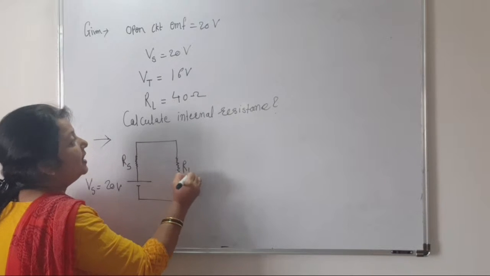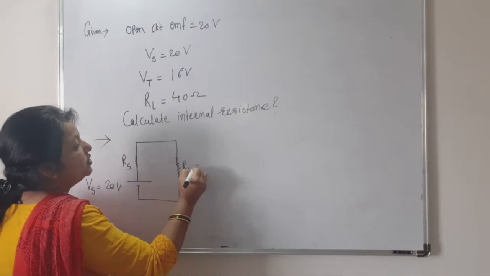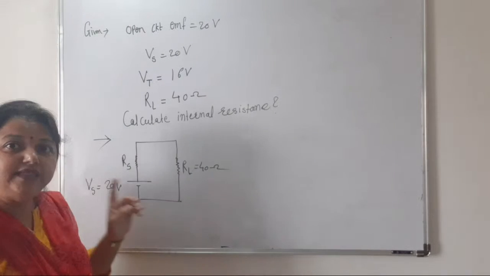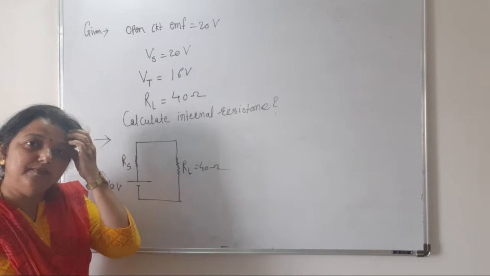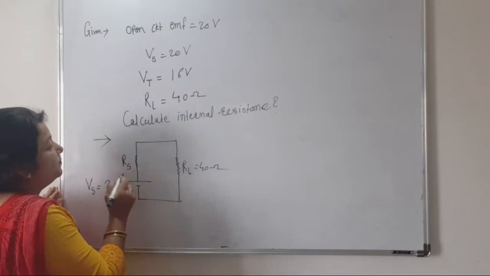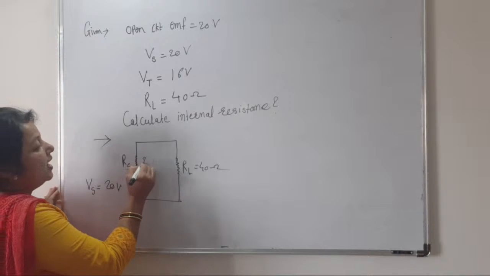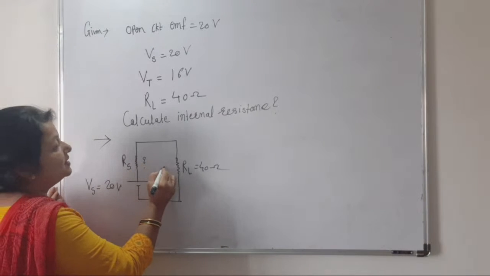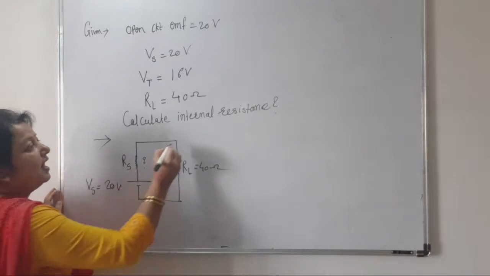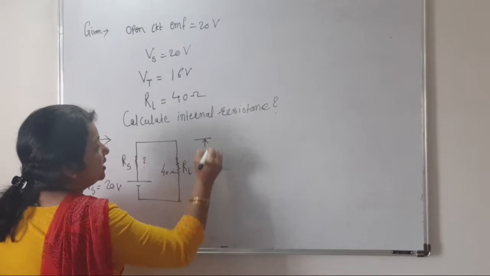Here your RL is given, which is 40 ohm, and these are in series only. Page number 11. Okay. So Rs is equal to what? RL is given as 40 ohm, and the terminal voltage, this voltage, is given.